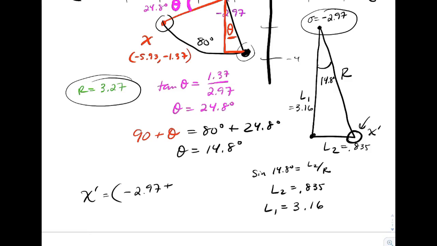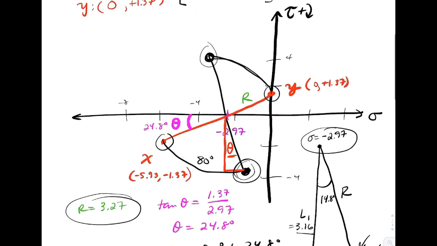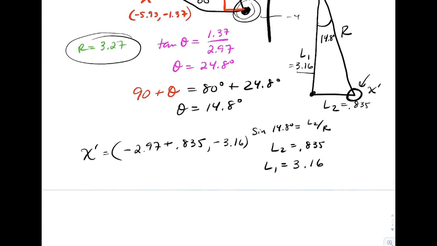And I'm going to add to it 0.835. For the shear stress, it would be sitting at negative, minus 3.16, right? Looking back here, it's on the negative side, or on the bottom side, of the horizontal axis. So let's do our math. That would be minus 2.135 and minus 3.16. Right?